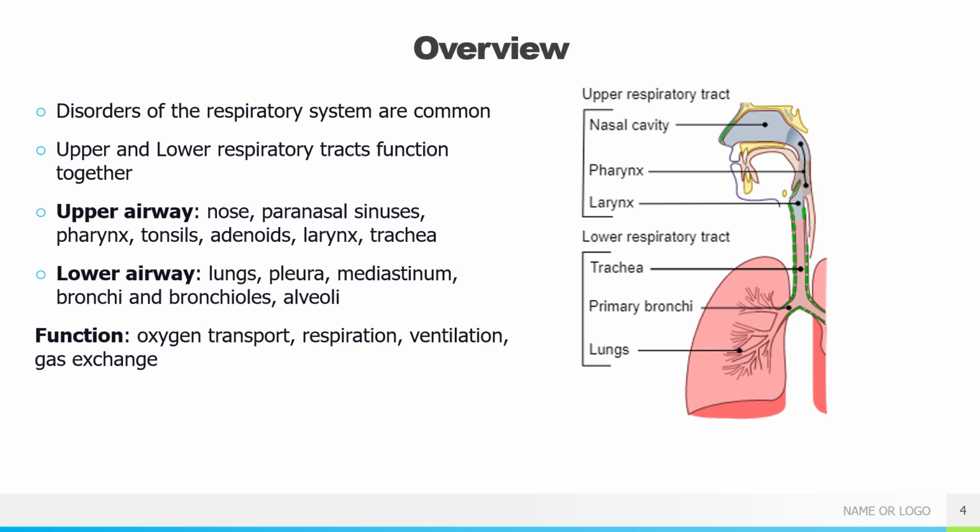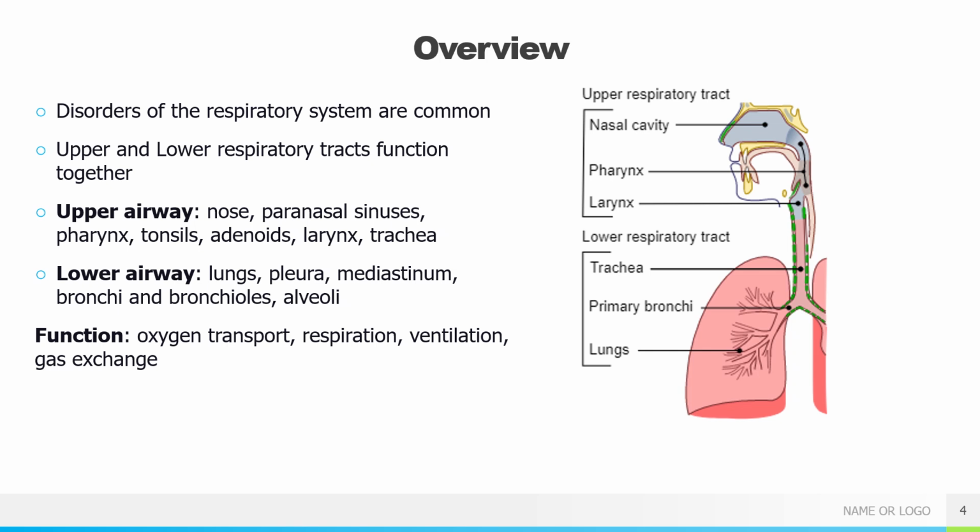Ultimately, the respiratory system has four major functions: ventilation, which is the movement of air into and out of the lungs; respiration, which refers to the exchange and use of oxygen and carbon dioxide at both the lungs and the cellular level; gas exchange, where oxygen diffuses into the bloodstream and carbon dioxide diffuses out to be exhaled; and oxygen transport, where oxygen is carried by hemoglobin to the tissues so cells can produce energy.